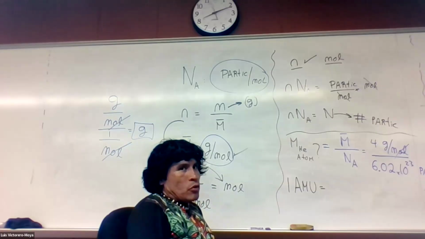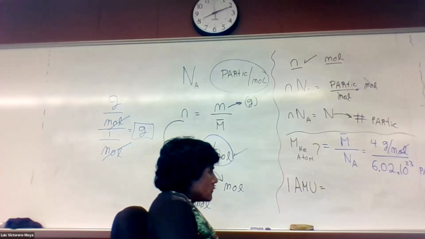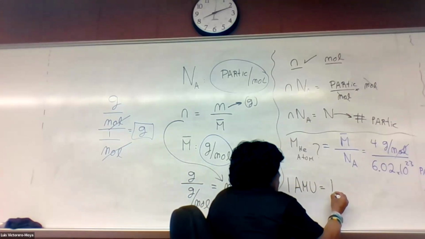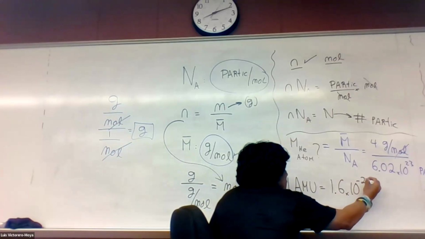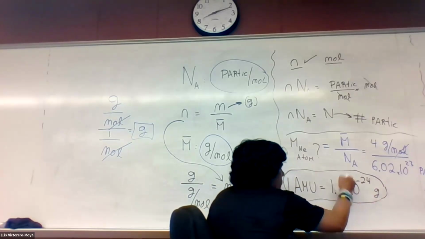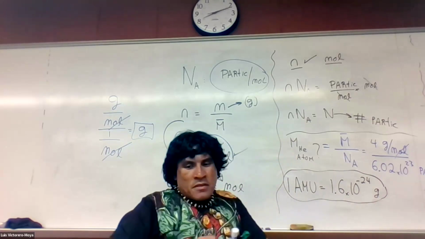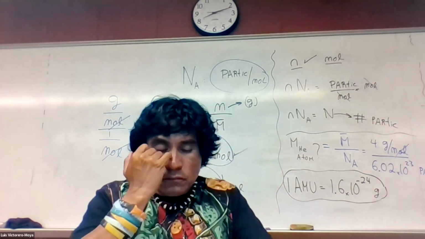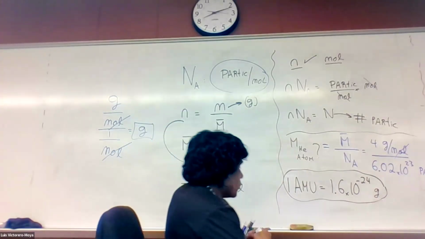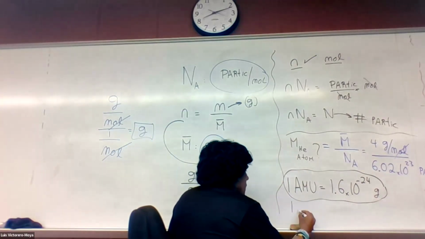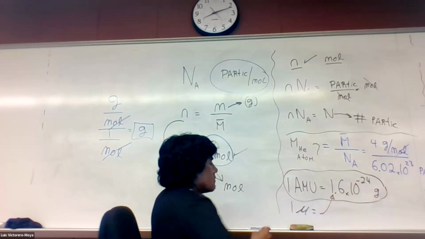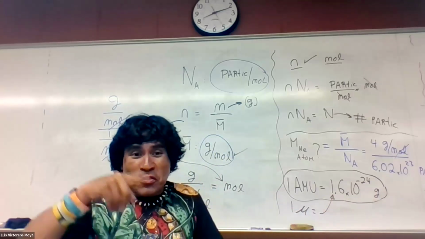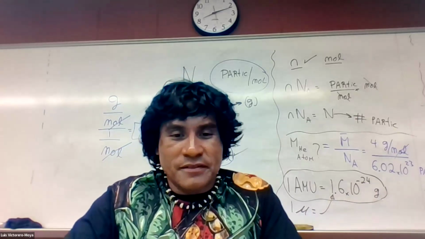It's basically the mass of a proton in grams, 1.6 times 10 to the negative 24 grams. More precisely 1.67, but in 266 we use 1.6. We normally write it as U, so 1 U is equal to that. That's not mu, that's U, atomic mass unit.